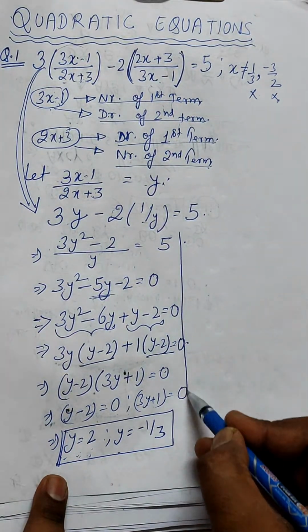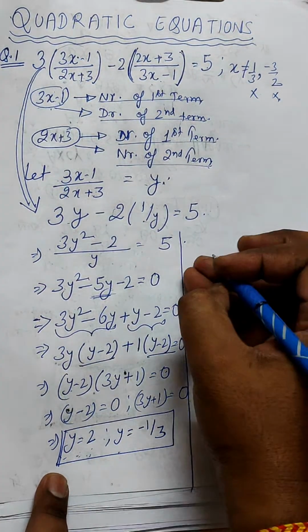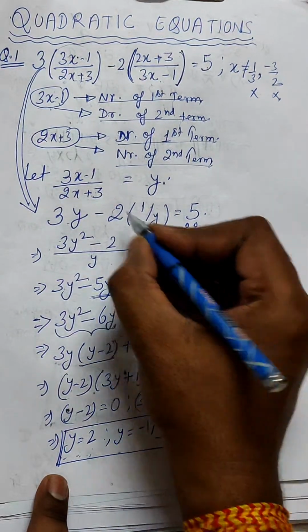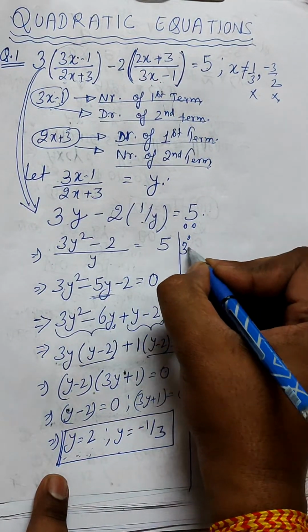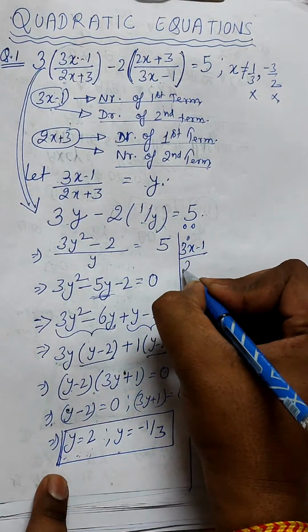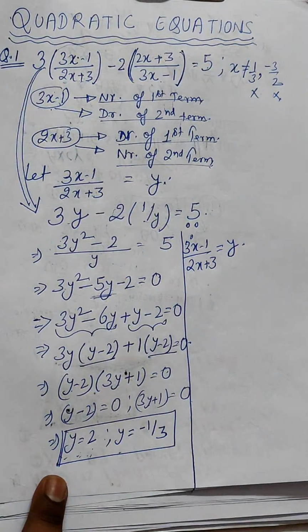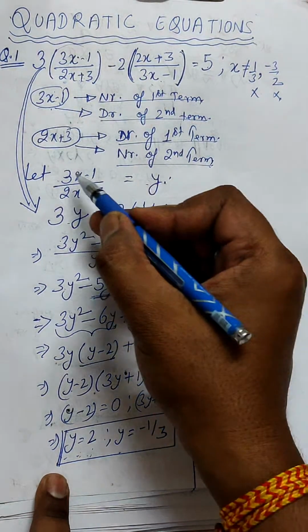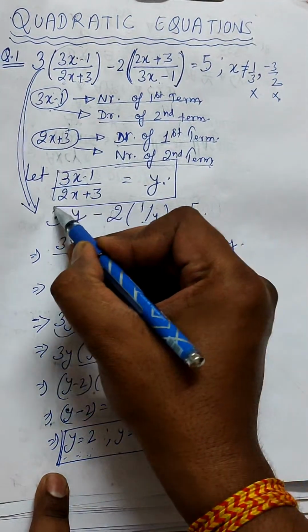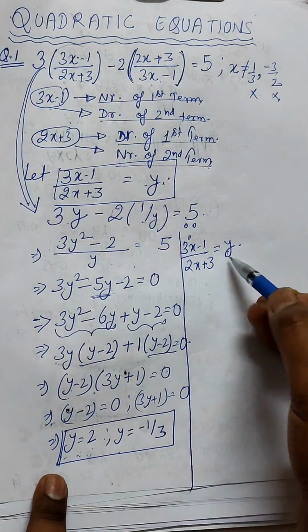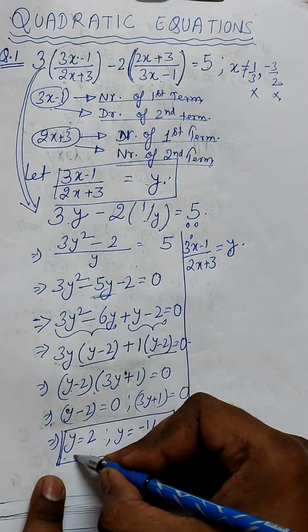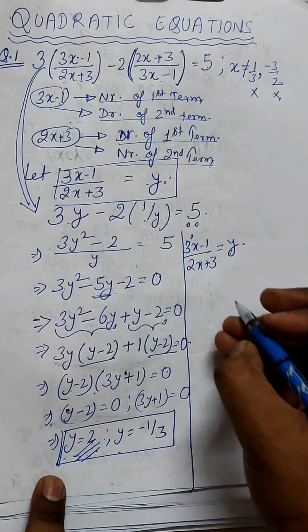So now, since (3x minus 1) by (2x plus 3) is equal to y, right? This we have assumed. Since this is equal to y, just put the value of y equal to 2.